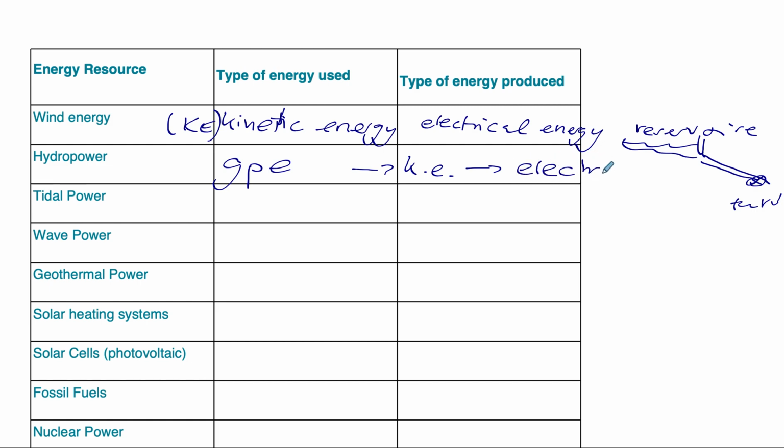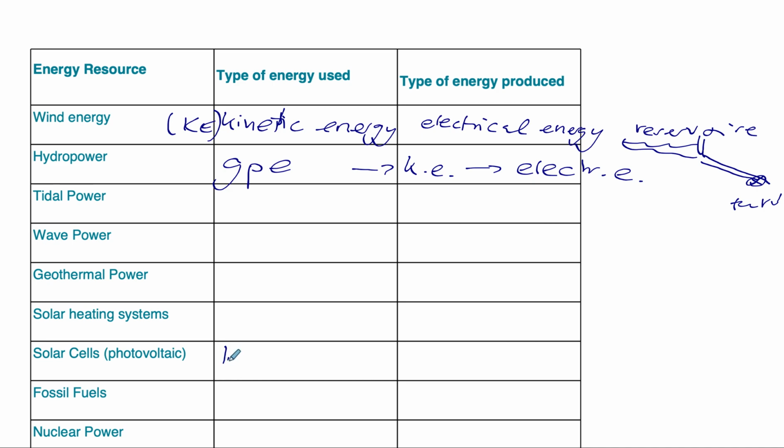So tidal power, etc. I think you get the idea. I'll just pick one more type of energy. Let's use the photovoltaic cells. Photovoltaic cells are the ones that you would traditionally know as solar cells, and these take in the sunlight.